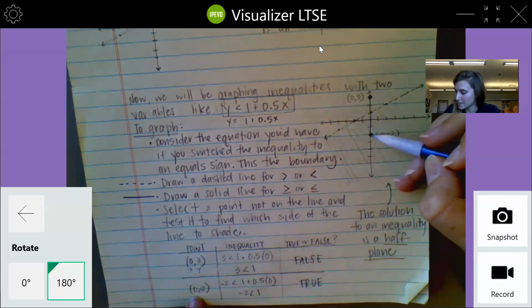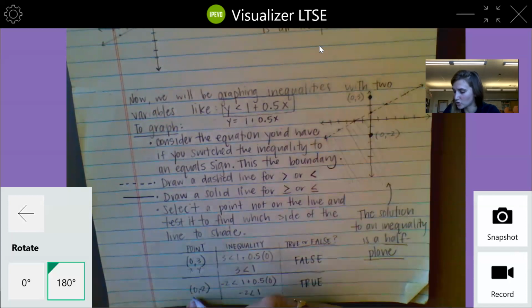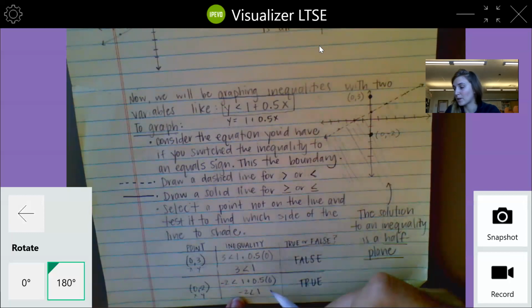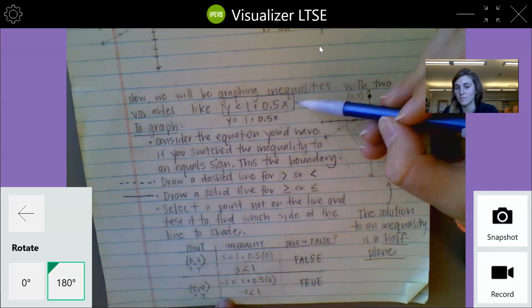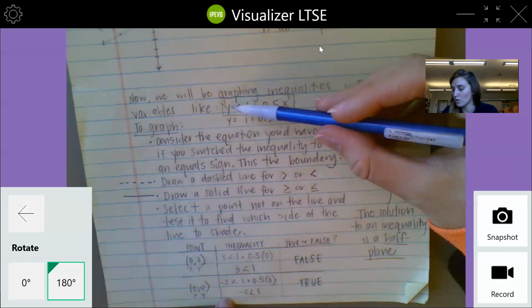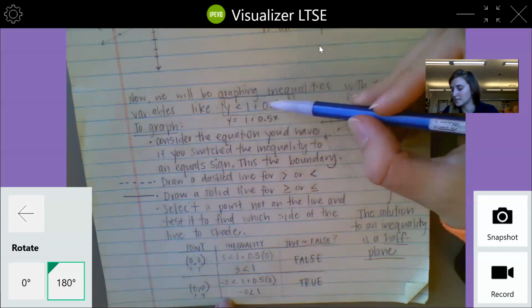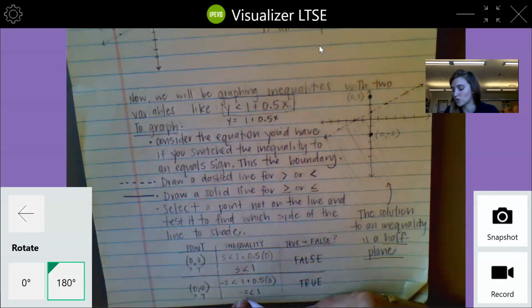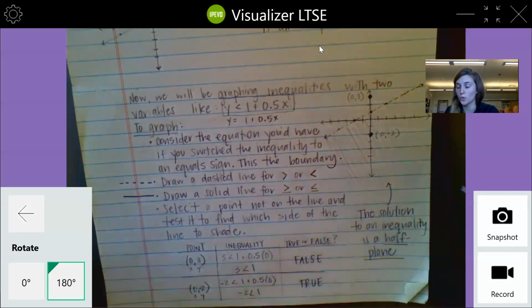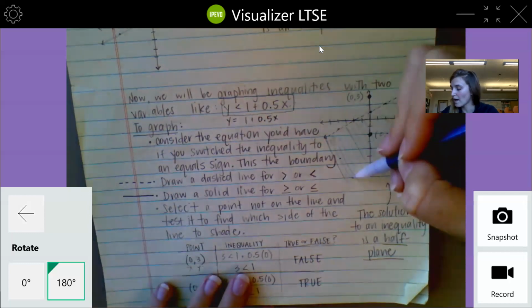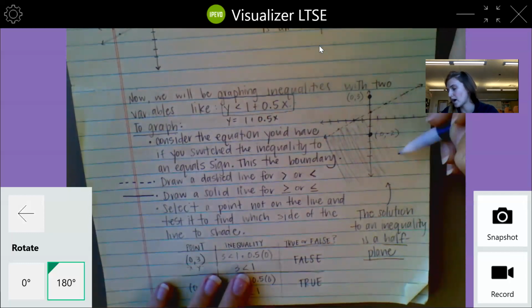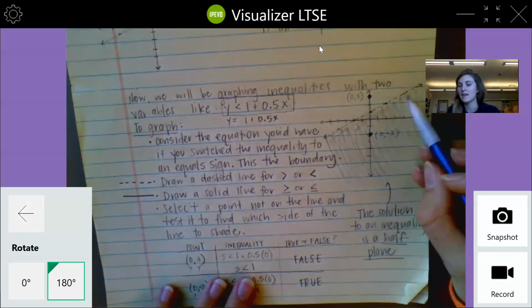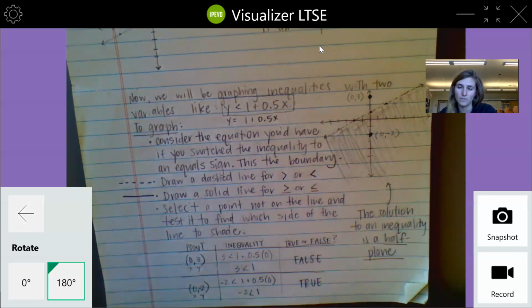So I tried a different point down here, 0, negative 2. Again, 0 is my x, negative 2 is my y, and I plug that into this inequality, where I'd get negative 2 less than 1 plus 0.5 times 0, which simplifies down to negative 2 is less than 1, which is true, and therefore this whole half plane, this whole area underneath this dashed line, that's going to be my solution.